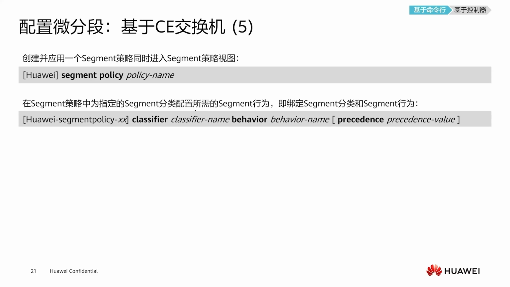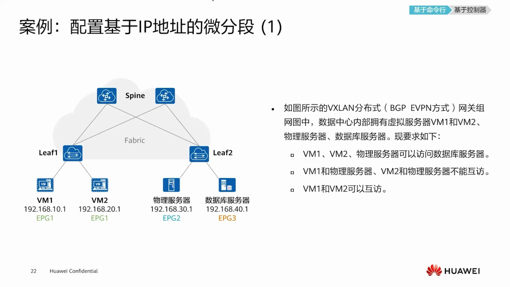Let's briefly look at an example, a simple case to help everyone understand how to manually configure. In our example, we have VM1 and VM2, along with two physical servers. VM1 and VM2 belong to EPG1, while the physical server and database server belong to different EPGs. Let's look at their requirements. VM1 and VM2 and the physical server can access the database server.